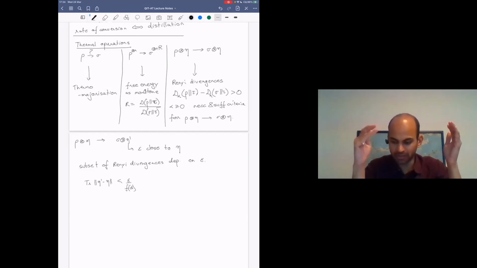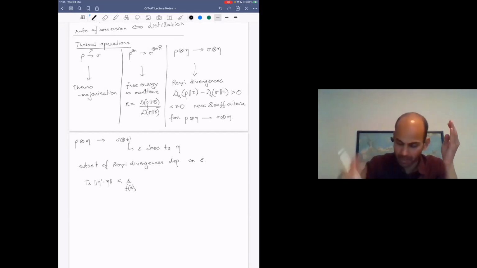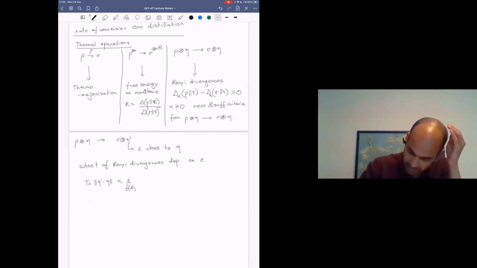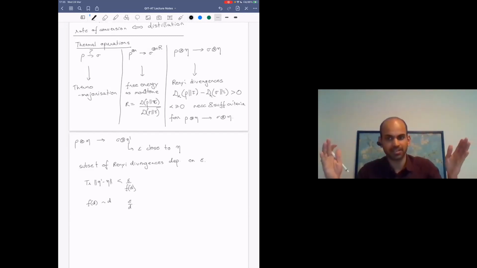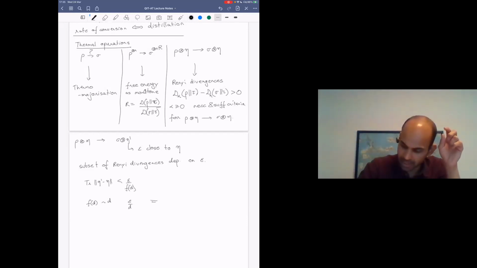So with the notion of exact catalysis, you get the entire family of Renyi divergences. If you have, for example, f of d is just d, so that becomes epsilon over d. You have to return the catalyst in a state that is epsilon close divided by the dimension. Then you end up getting only alpha is equal to 1, which is the free energy difference.